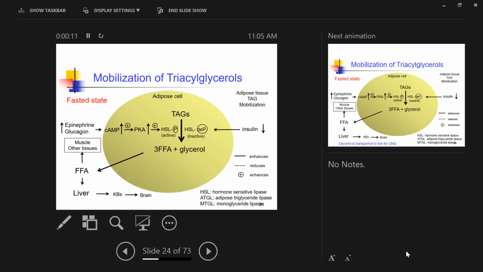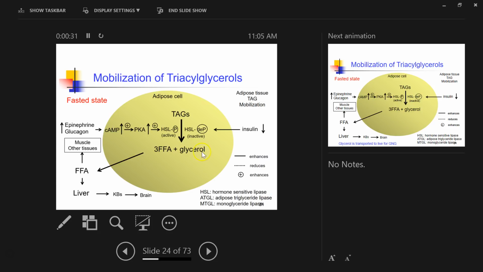Hydrolysis of triglyceride or lipolysis, we have three different names for this process: lipolysis, mobilization of triglyceride, or hydrolysis of triglyceride, right? All the same thing, talking about the same process.